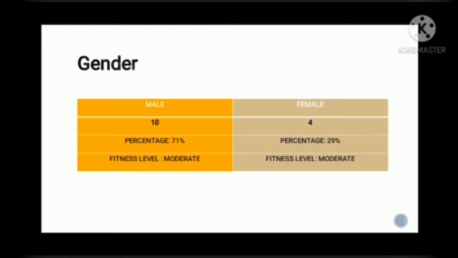Regarding gender, 14 participants took part in our test, divided into 10 males and 4 females. So the percentage of male participants is about 71%, meanwhile the percentage of female participants is about 29%. As you can see, the fitness level for both genders is moderate.